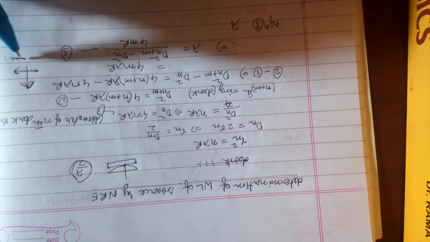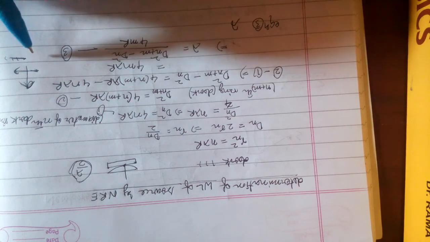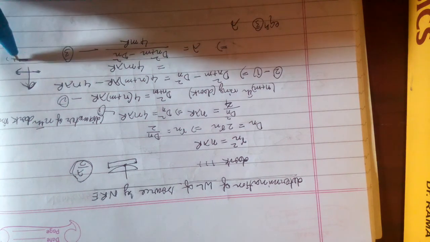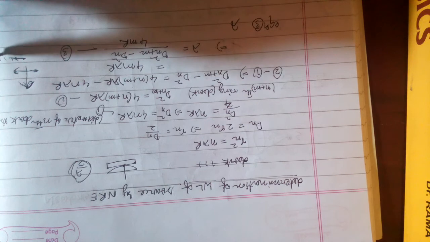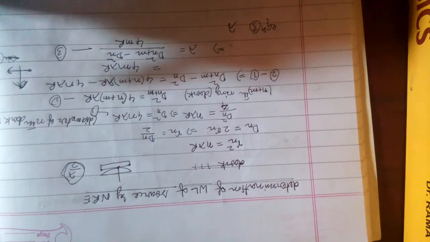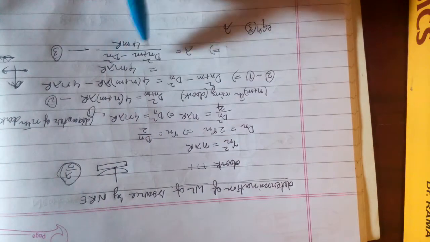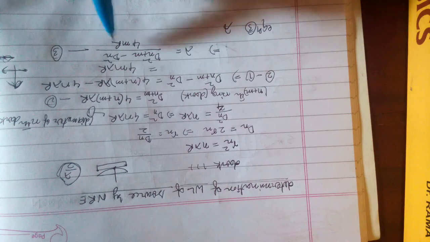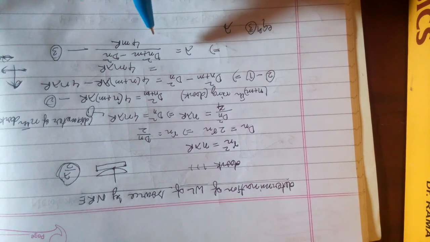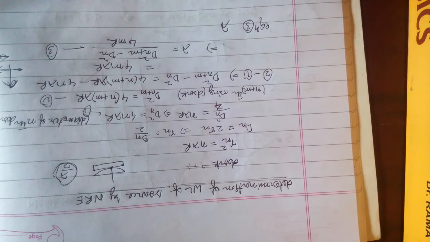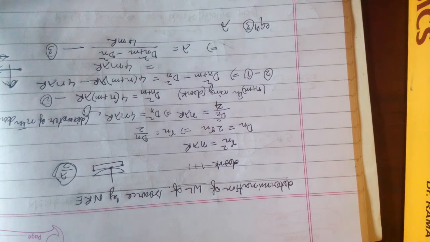So we can find from this microscope the diameter of the nth ring and the n plus mth ring. Those two values we get from the microscope data and put here, and similarly R is the radius.